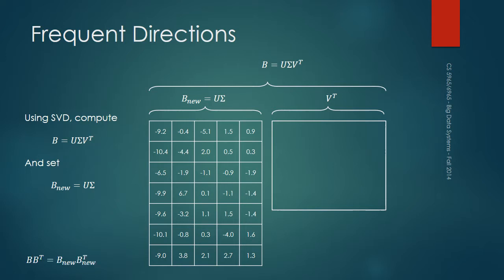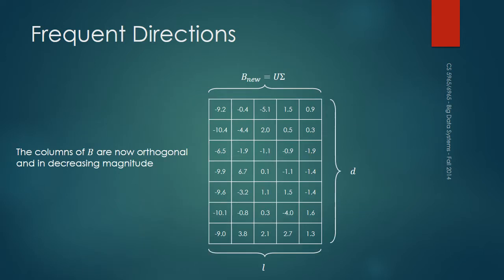So this is the same, I already talked about that. Once we do an SVD and compute this U sigma, these are now orthogonal to each other, each column is orthogonal, and their magnitudes are decreasing, because each of these columns has been scaled by the eigenvalues, which are in decreasing order.